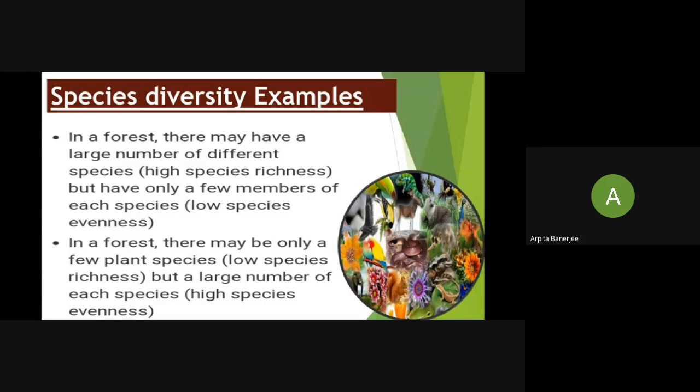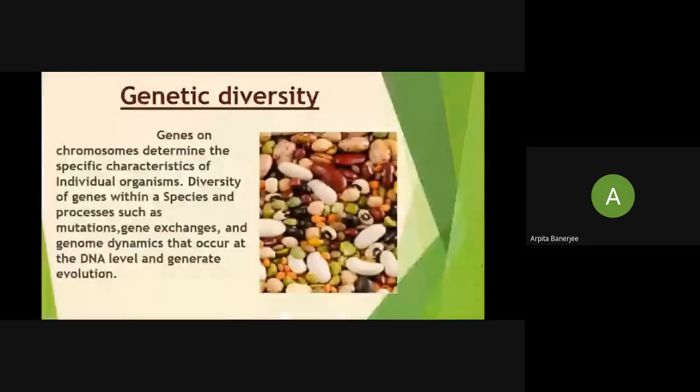Second, we will know about genetic diversity. What is that? The term is related to genes, and genes are the primary element for all living organisms. They carry specific characters from the ancestral generation to the next generation. So what is genetic diversity?